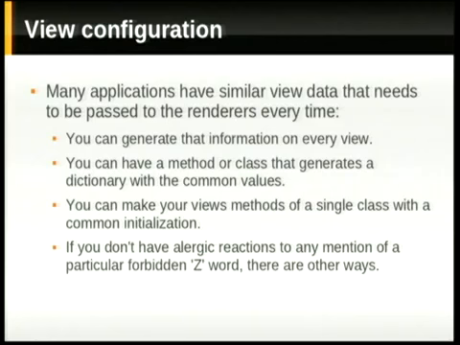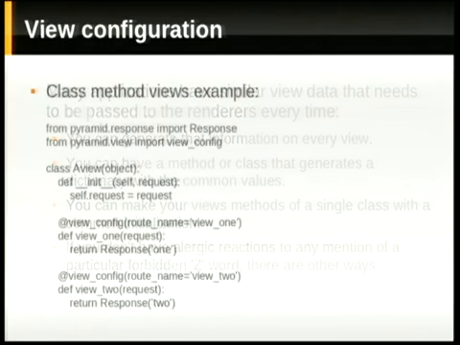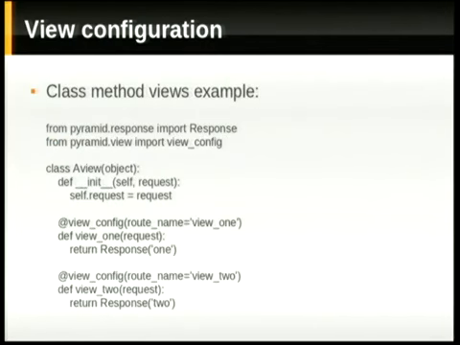You could use this to be able to call the same initialization code for a number of different views by using a class. And that class would have an initialization method where all the generic or common values would be set, and then you could have a different method for each view.